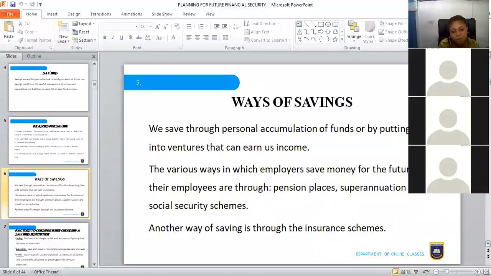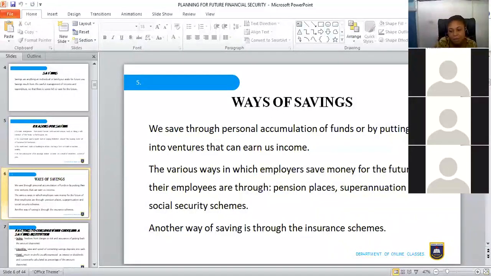Now, the various ways in which employers save money for the future for their employees are through pension, superannuation, and then social security schemes. And then another way of saving is through the insurance scheme. When you buy a policy from an insurance company, some of these policies can be used as savings. It depends on the type of policy you buy.